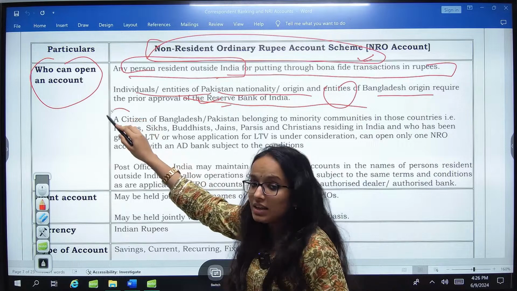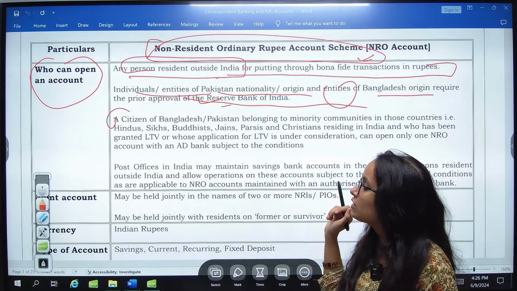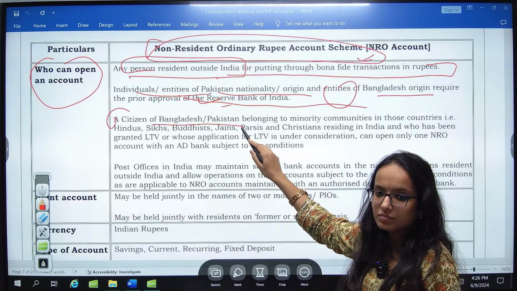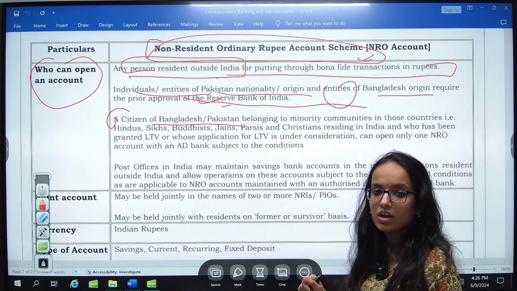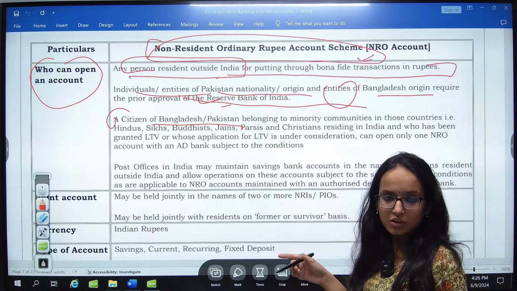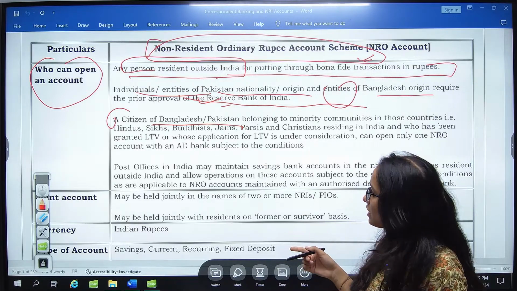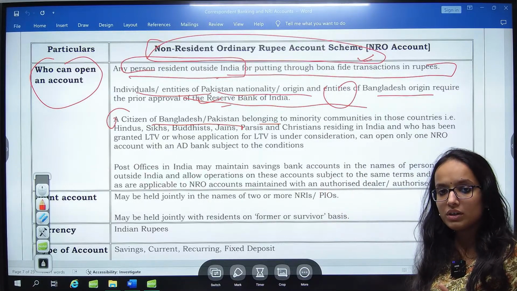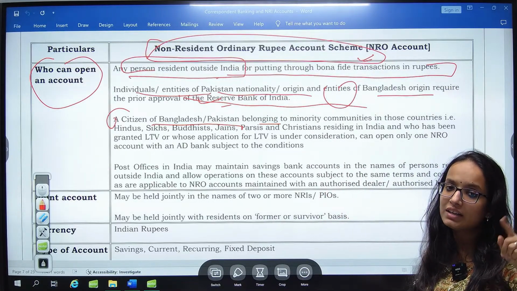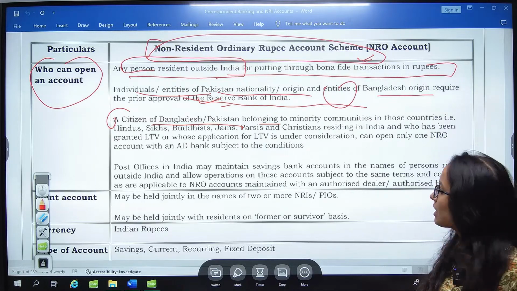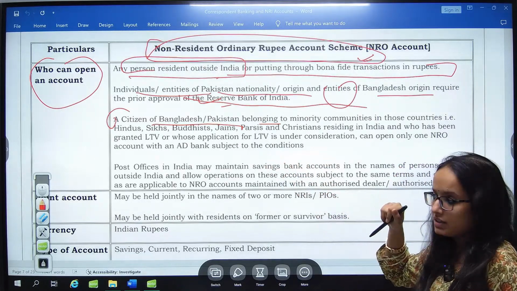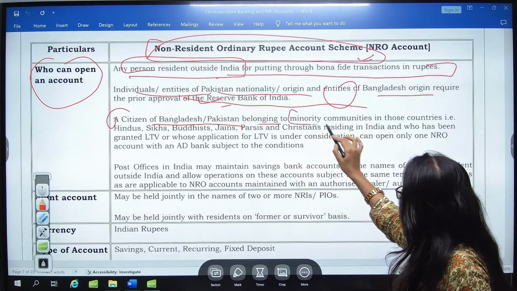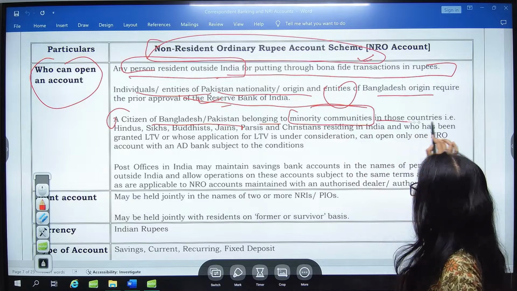Now, there is another specific provision here for an account holder who is a citizen of Bangladesh or Pakistan. Any such person or entity who is a citizen of either of these countries, Bangladesh or Pakistan, belonging to those communities which fall under the minority category in those countries.